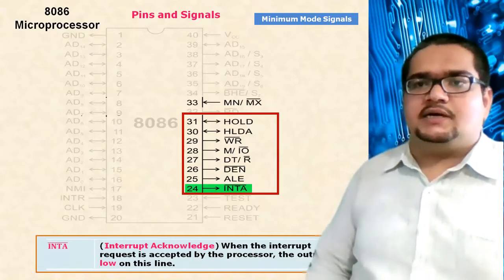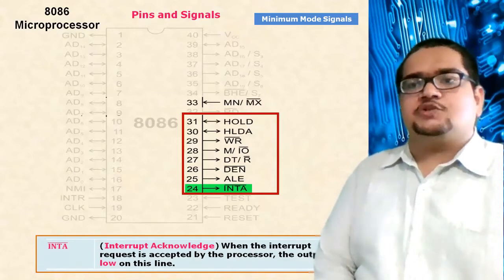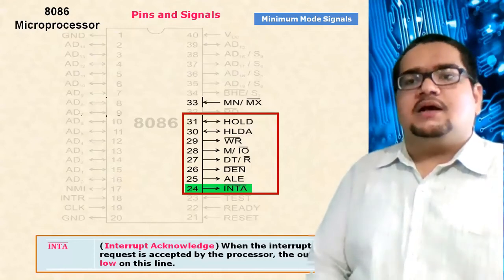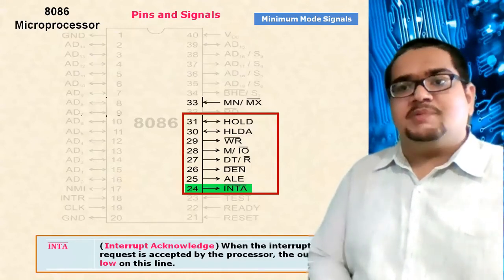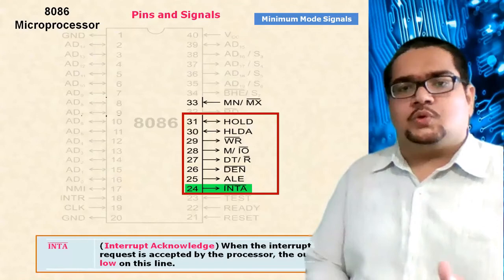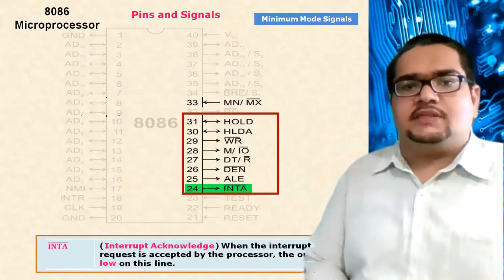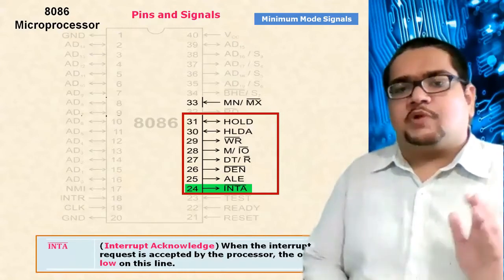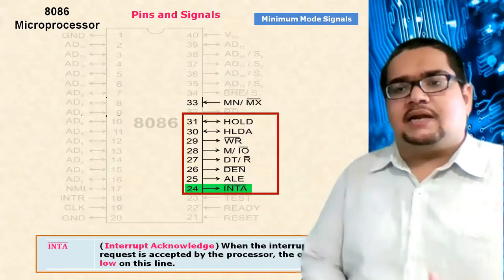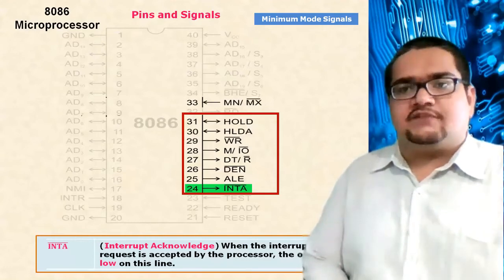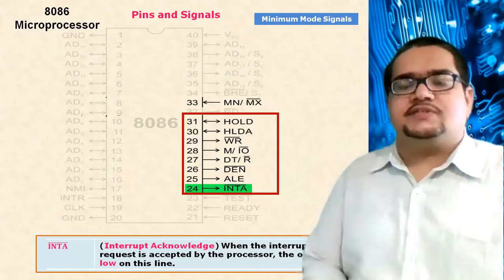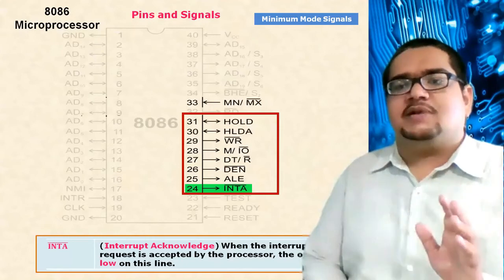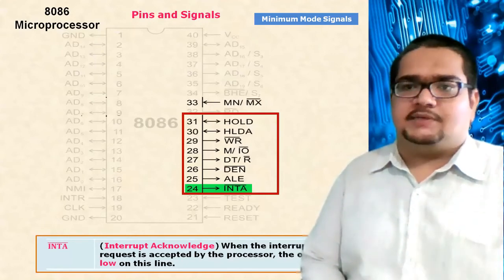one acknowledgement to that requesting device, that I have accepted your interrupt request and I will be servicing you now. Okay, if somebody interrupts, then it has to be made clear to that device whether you will be serviced or not. So the processor will give a low signal on this line. INTA bar means it is a low signal on this line. When it is active, it has to be low. So the processor sends a low signal, and this will be seen by the requesting device and understood by the requesting device that the processor has accepted its request of interrupt.